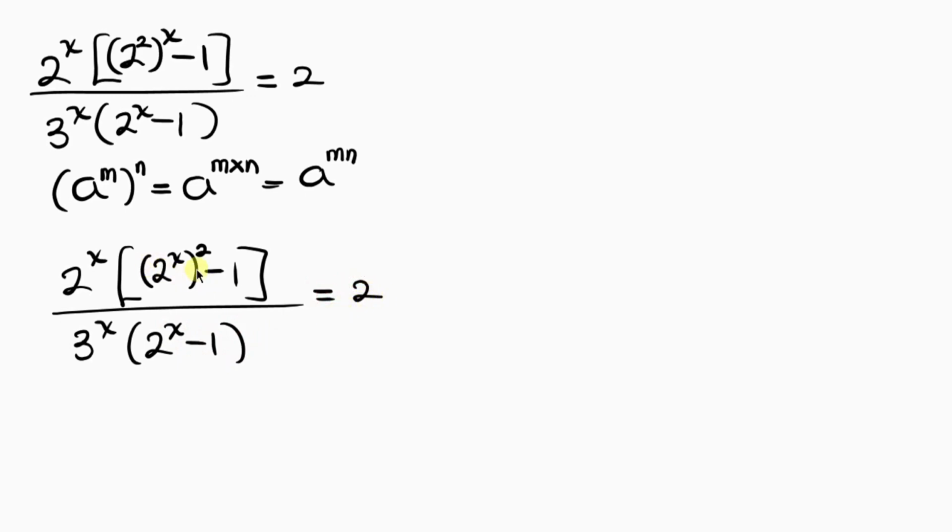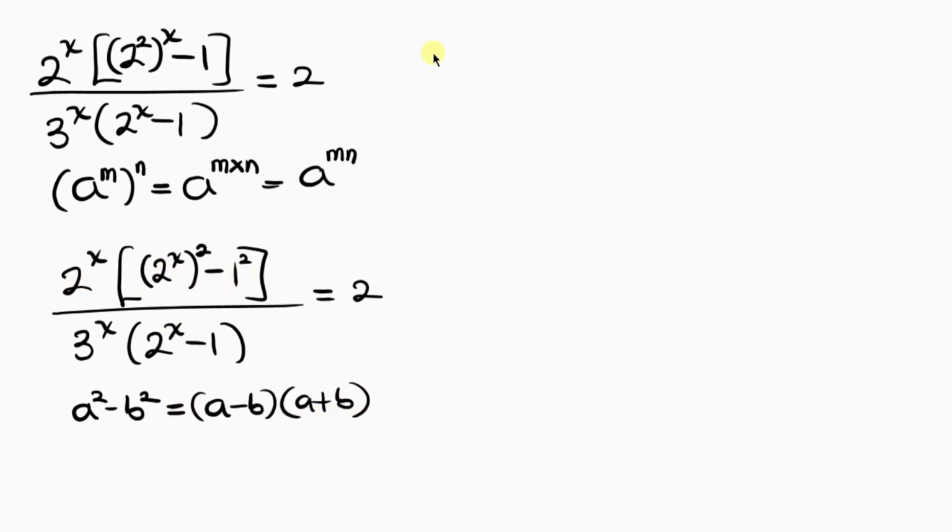Now, you notice that we have difference of two squares here, because when I square 1, it is still the same 1. And how do we express difference of two squares? For example, when I have a squared minus b squared, which is difference of two squares, this is equal to (a − b) times (a + b). So let's go ahead and express this in difference of two squares.